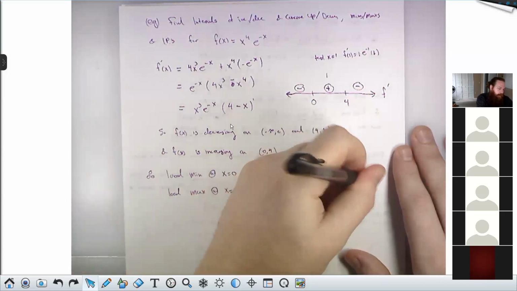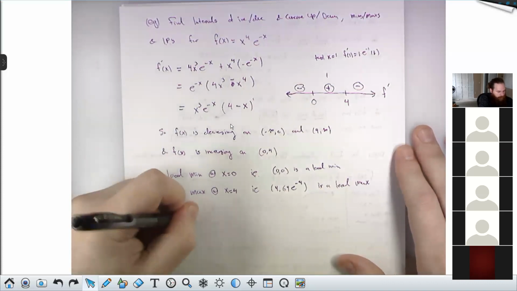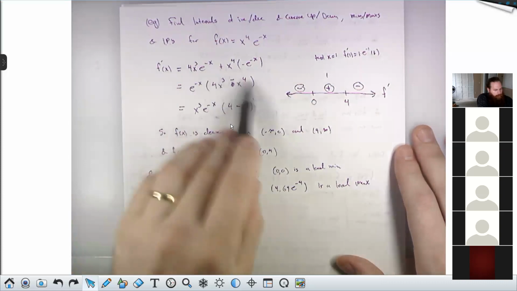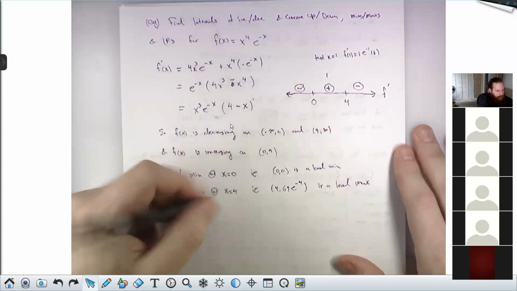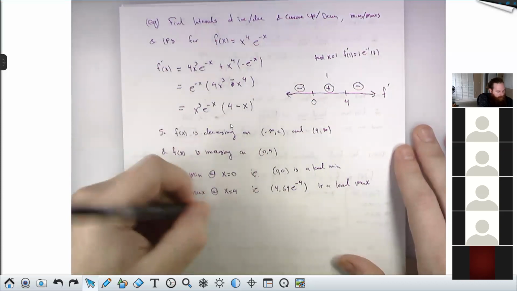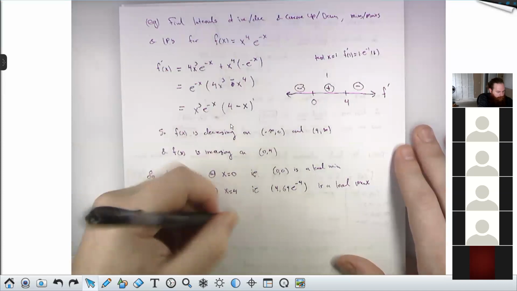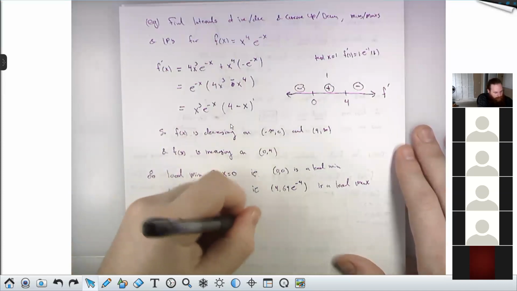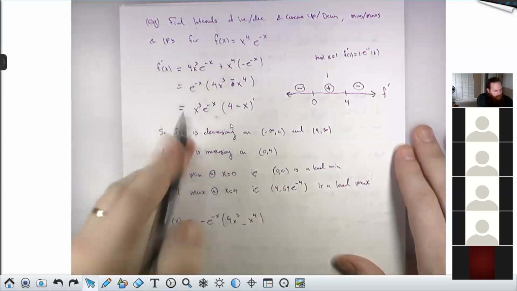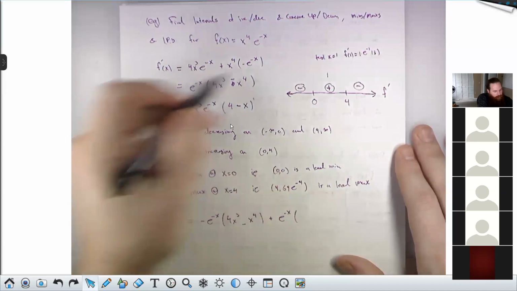And then if I calculate f double primed of x, I might do that from here, so I can treat it as a simple product rule thing. I'll differentiate the e to the negative x, that's negative e to the negative x, and leave that alone. That's 4x cubed minus x to the 4. And then I add that to what I get when I leave e to the negative x alone, and I differentiate this.